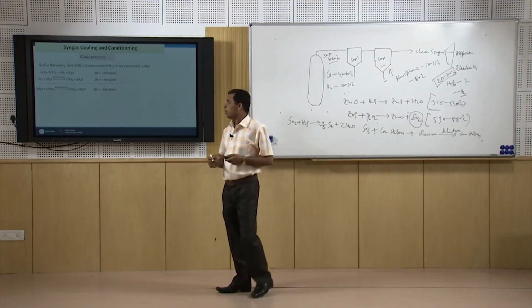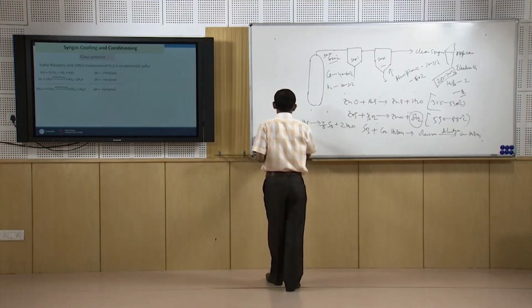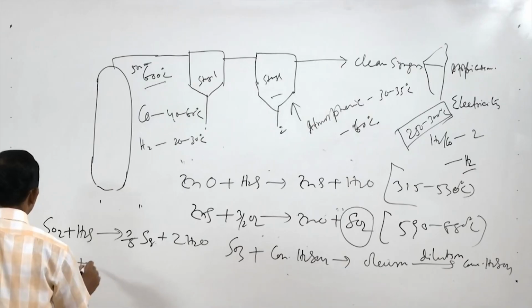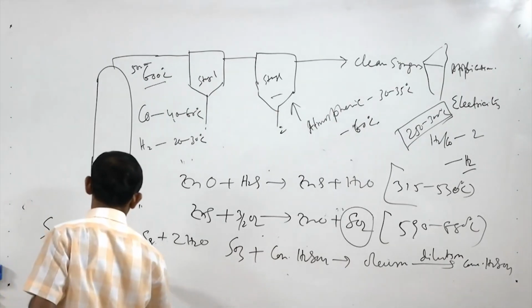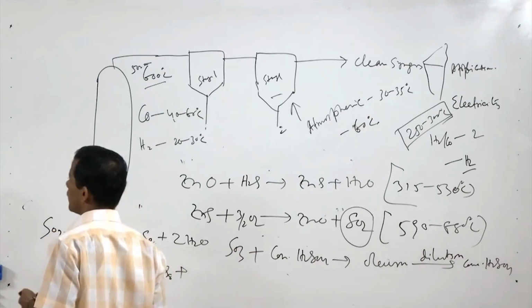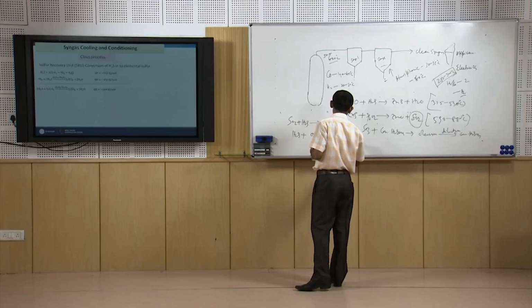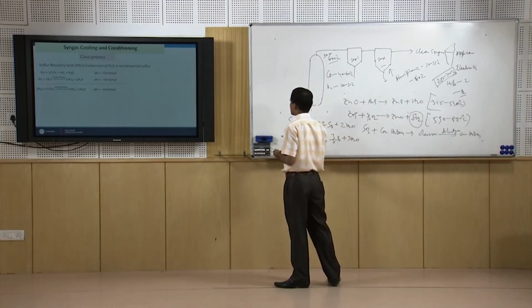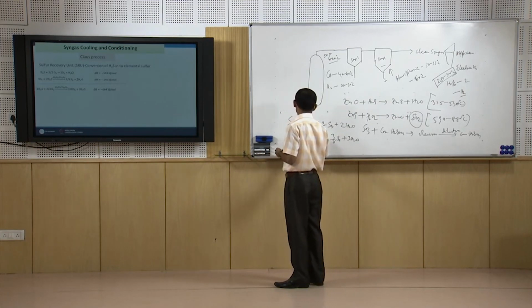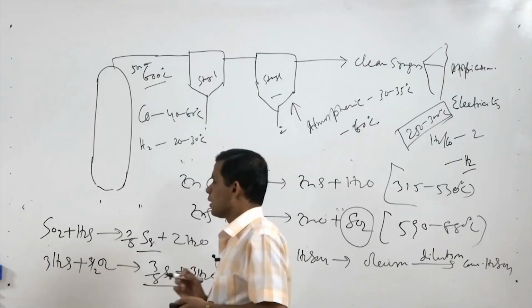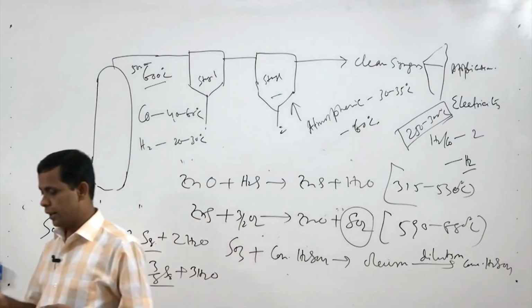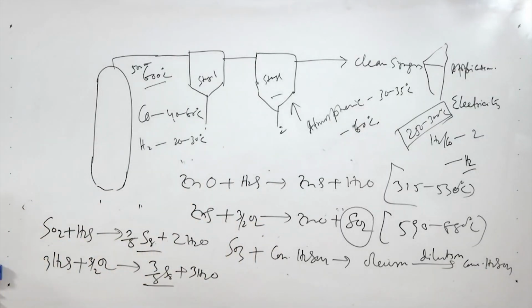Or H2S can also react with oxygen and directly give 3/8 S8 plus 3H2O. So, this elemental sulfur is generated, and that can be processed for different productions.